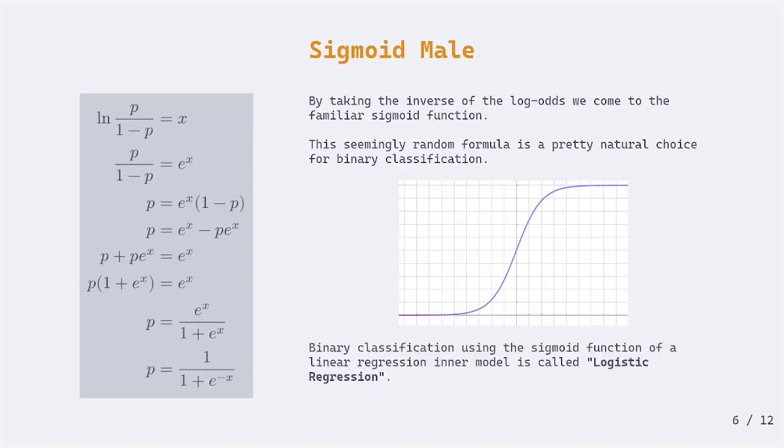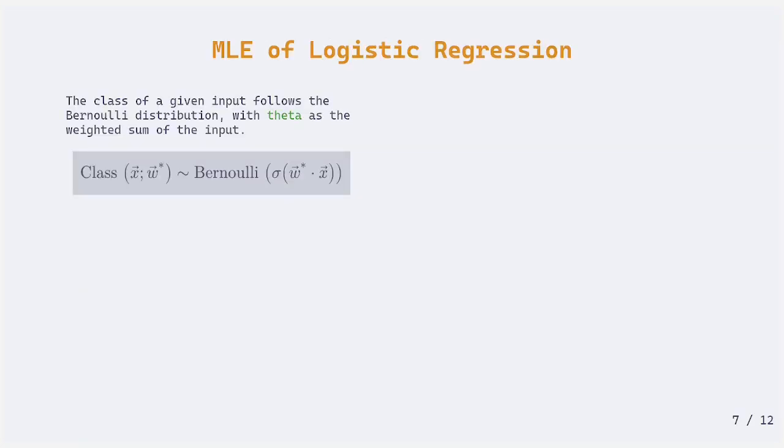And so binary classification, where you take a linear regression model and then plug it through the sigmoid function, is called logistic regression. And this is what logistic regression is all about.